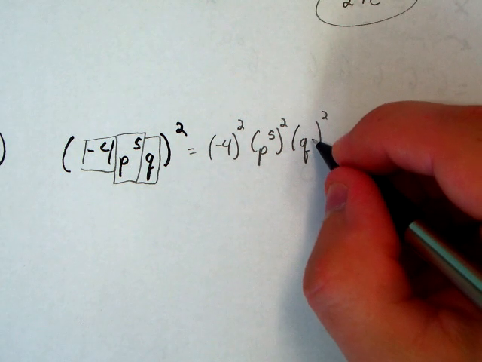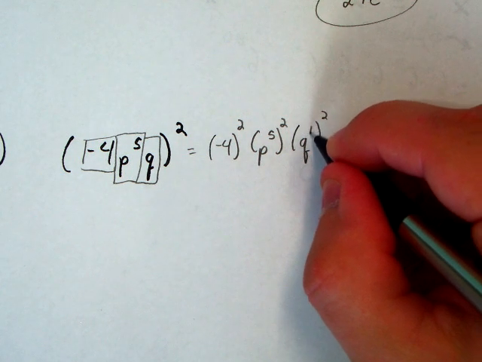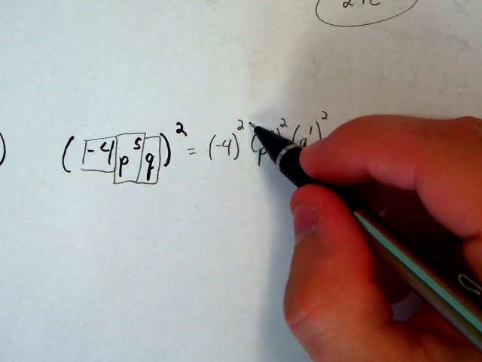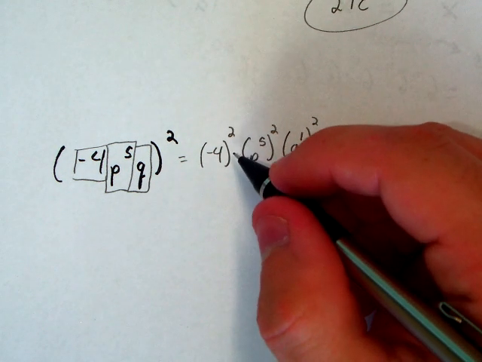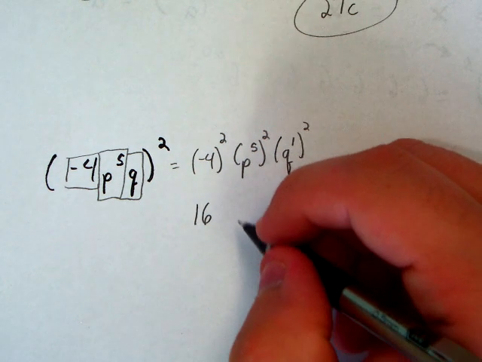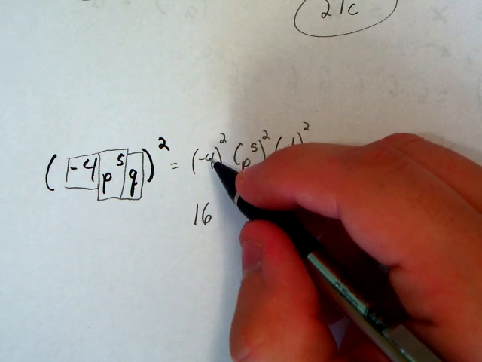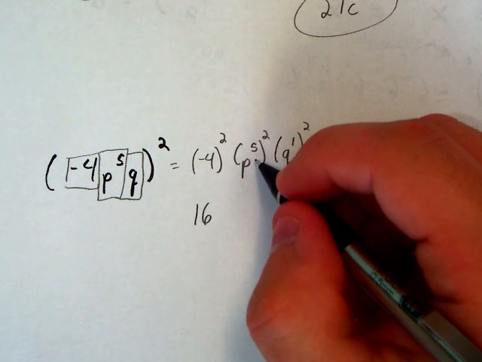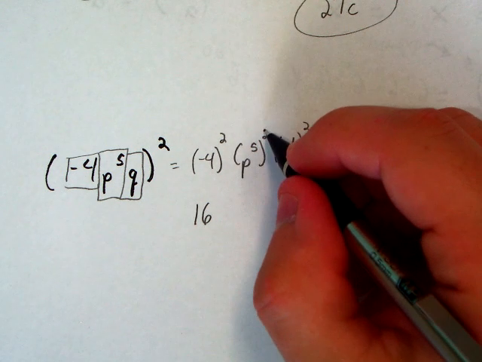Now, in this case, q really has an exponent of 1 right here. So we can actually put that in there. Negative 4 squared is the same as negative 4 times negative 4, which happens to be 16. Make sure that it's positive. Negative 4 has to be in parentheses. P to the 5th raised to the 2nd power.